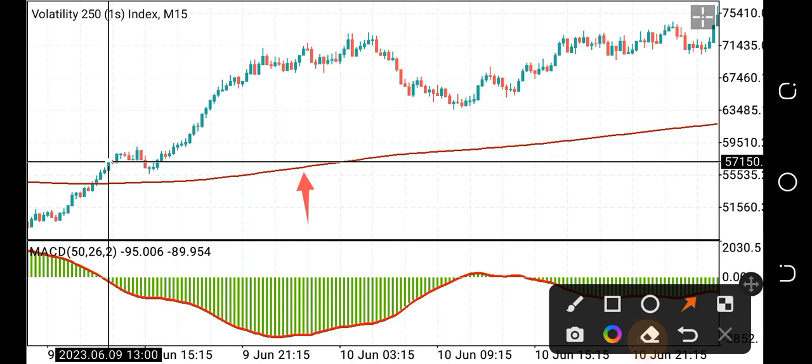Now the second thing is to come to the downside of the MACD for your entry. This is the point where the MACD crosses, and this is the candlestick where the crossing occurs. At the closing of the candlestick, that's where you make your buy entry. Making this buy entry on my screen now gives a huge profit.